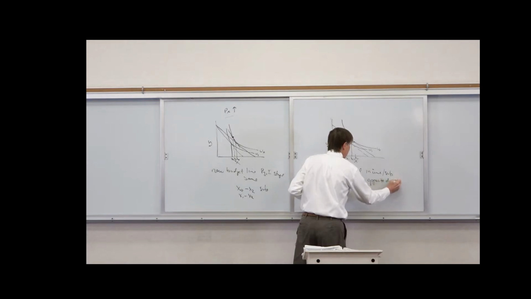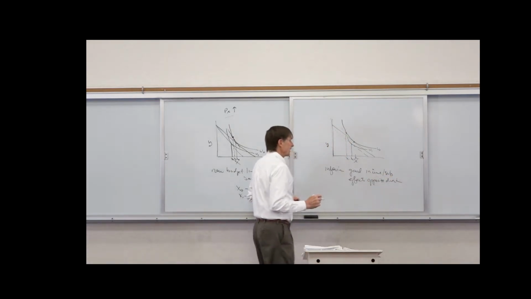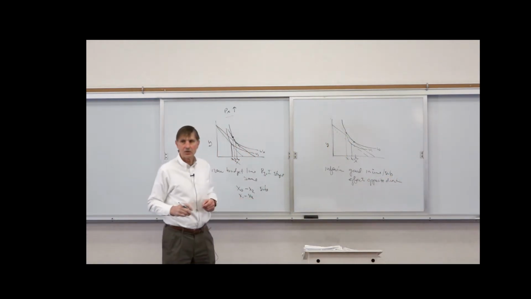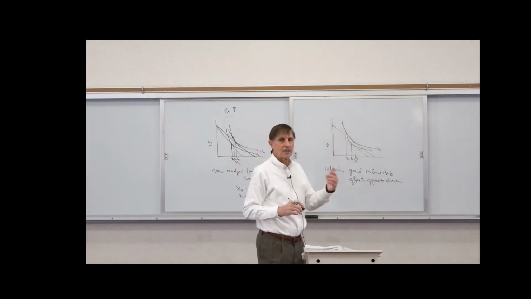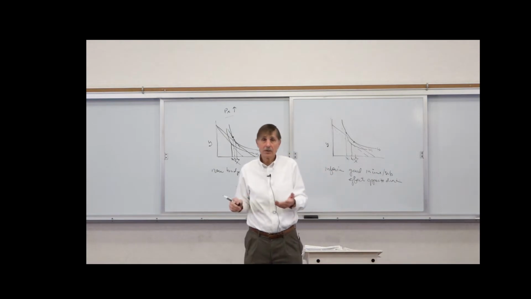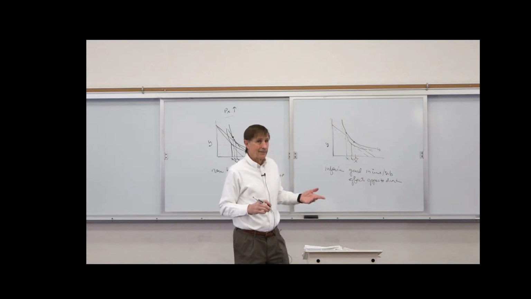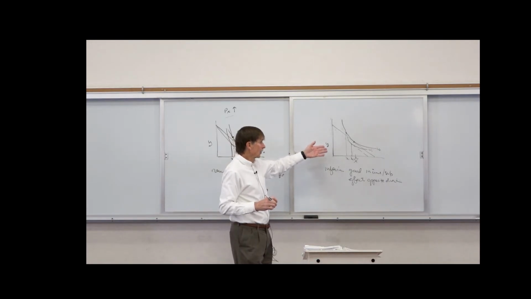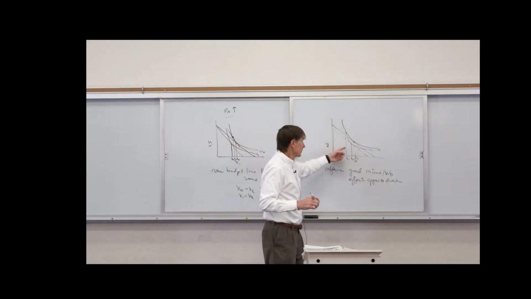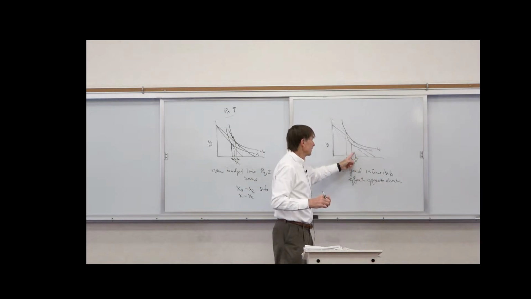Now, it's probably fairly unusual that you would have a good that was sufficiently inferior that the income effect would outweigh the substitution effect, but it's certainly possible. If you want to, you could draw an indifference curve and budget constraint such that you'd end up with x2 being off over here.